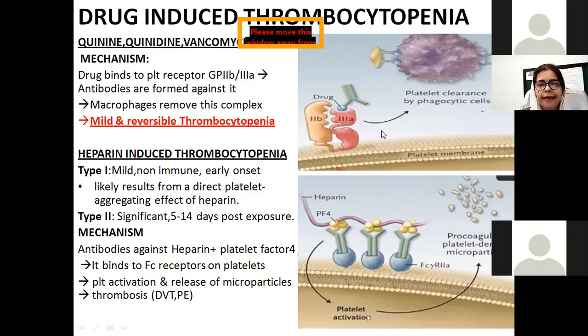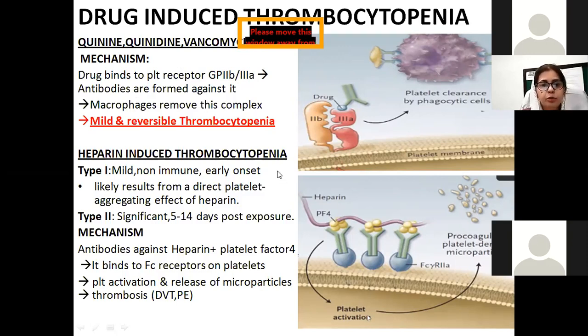That is, antibodies are produced against receptors present on the platelet surface. And once this combination is formed, this complex is then removed from the circulation through the phagocytic cells. These are usually mild and they are reversible once the offending drug is removed.